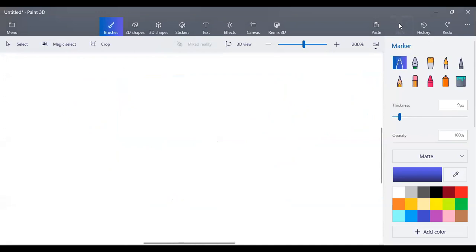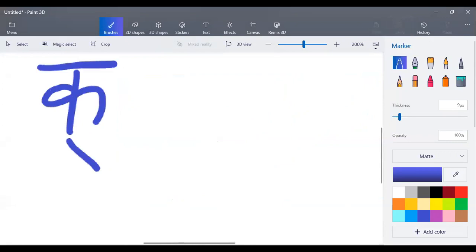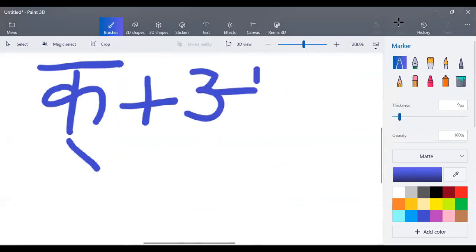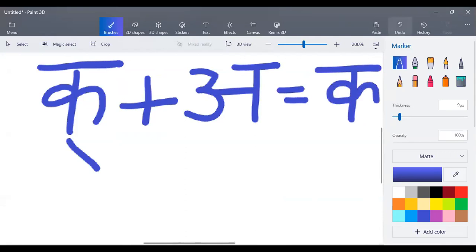I'm showing you now, you can see on the screen, the letter ka, for example. It is not ka. It cannot be pronounced. It is a pure consonant. You cannot pronounce that. So when you add the letter a to the first letter of the first class, what happens? The first thing is the nasal stroke vanishes and you get ka.